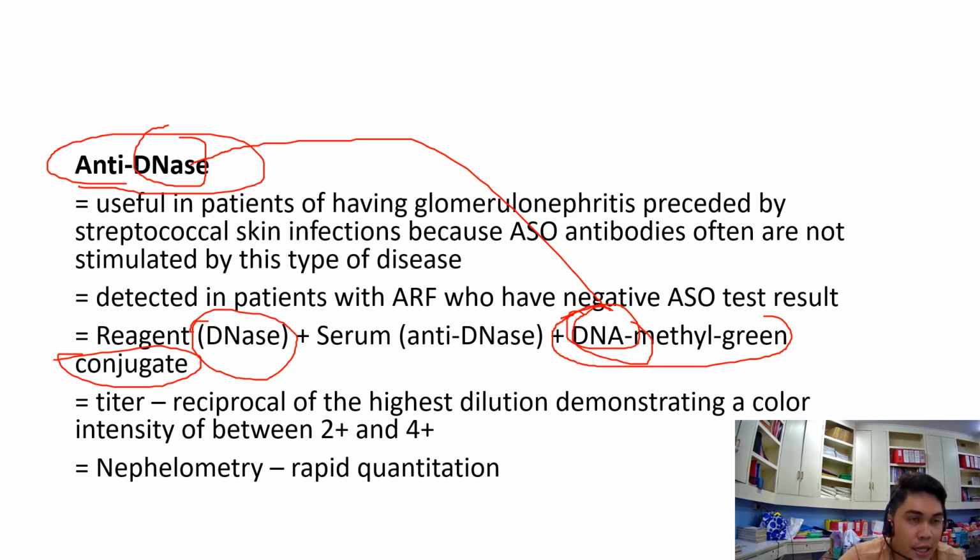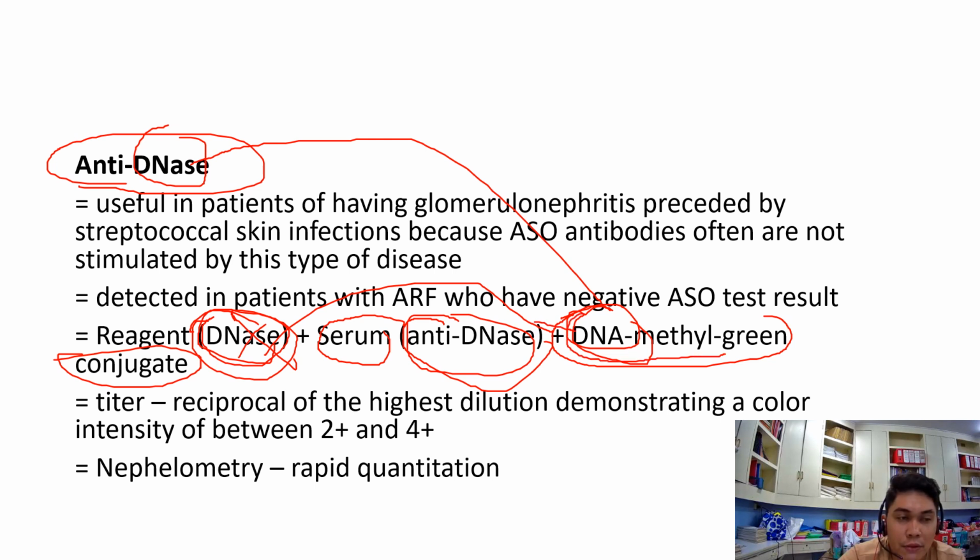Now, in the anti-DNase test, the reagent contains DNase and the serum of the patient specimen contains anti-DNase. So the DNase in the presence of anti-DNase will be neutralized, meaning no available DNase to cause breakdown of the DNA methyl green conjugate.